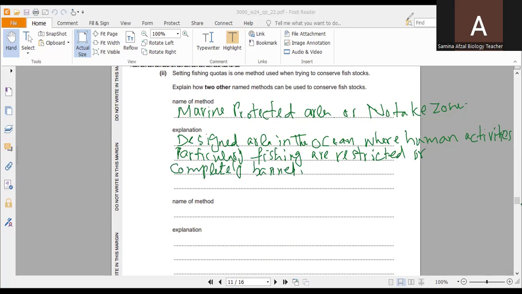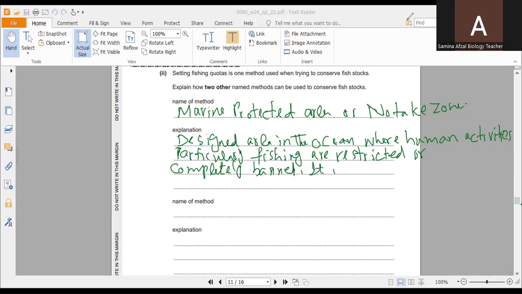So what will be its effect? If we design a safe area, fishing is not allowed over there. So it will provide an undisturbed environment for the fish populations to reproduce, grow, and thrive.